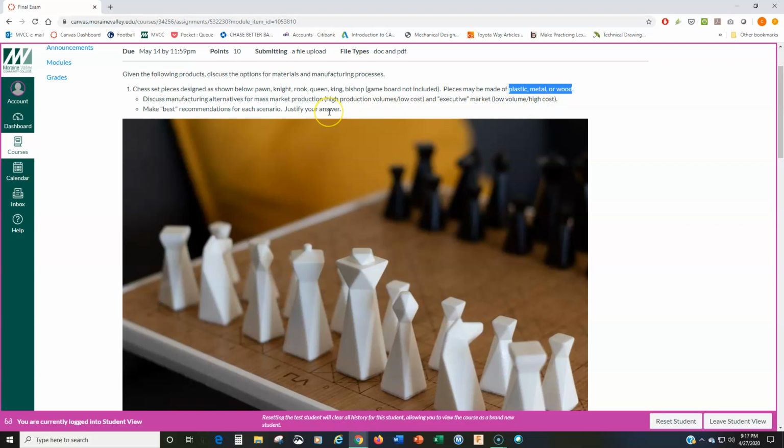Okay, so that's the two scenarios that I want you to look at, and it says here in the second one, make a best recommendation for each scenario.